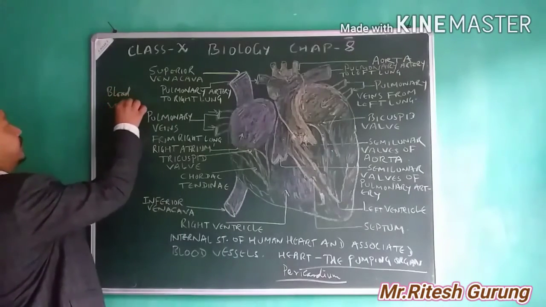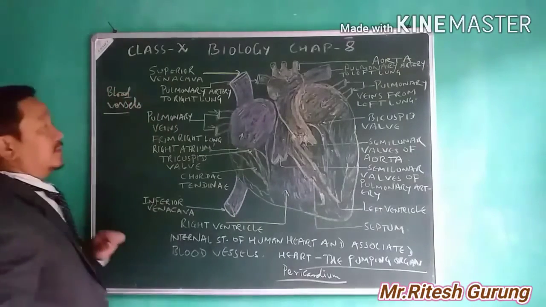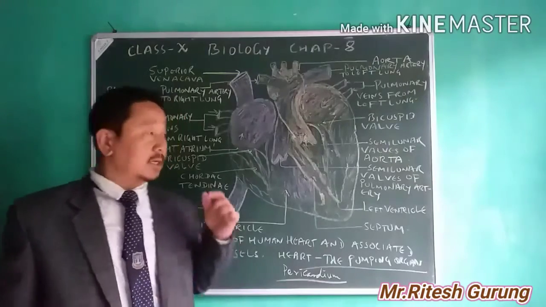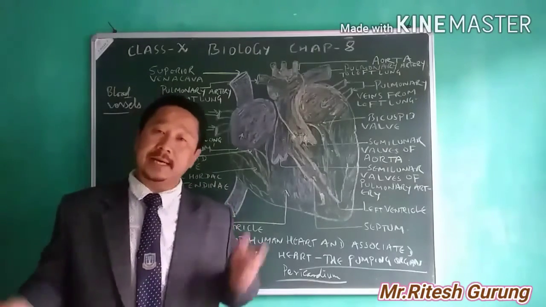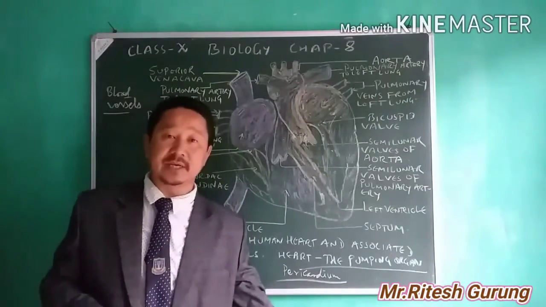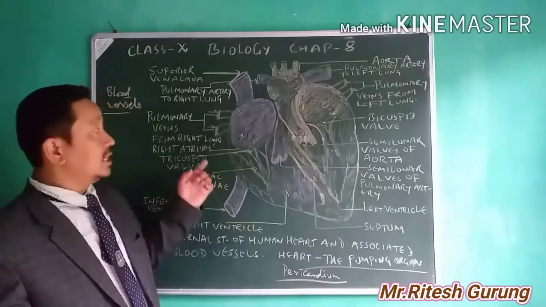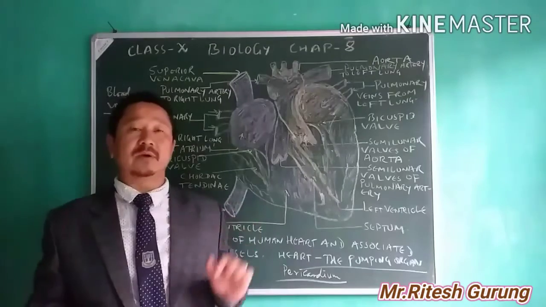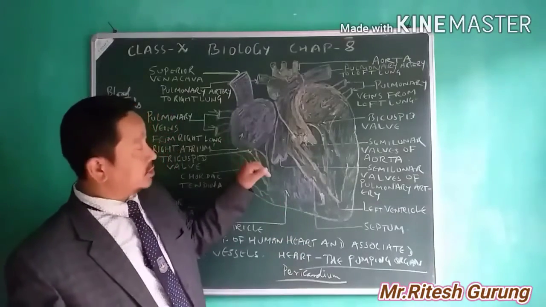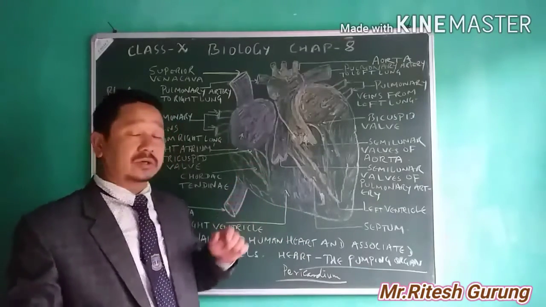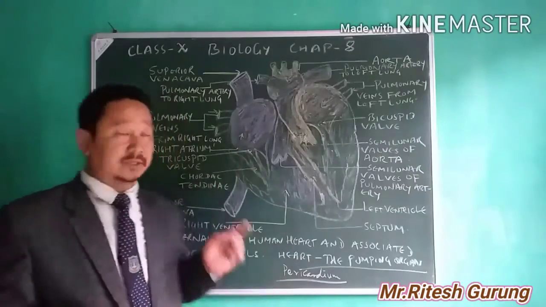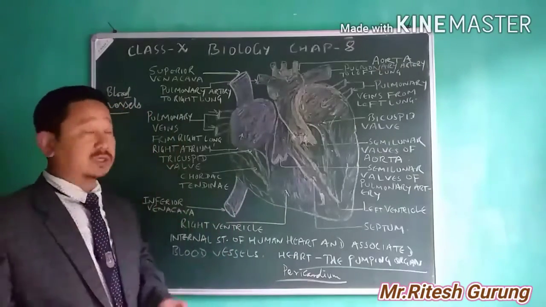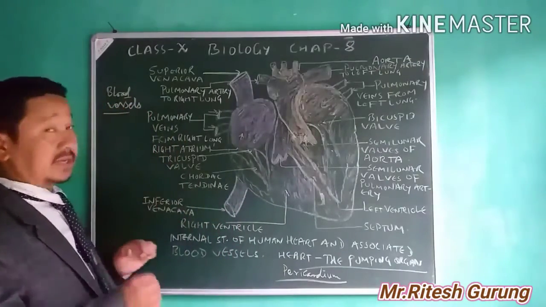Blood vessels leaving the heart and entering the heart. This is how it is given in the book. Which are the blood vessels going into the heart, and which are the blood vessels leaving the heart? That is more or less told, but let me tell you once again very quickly.